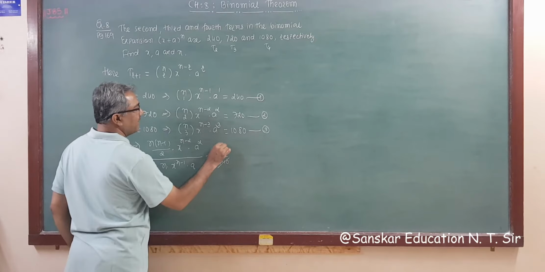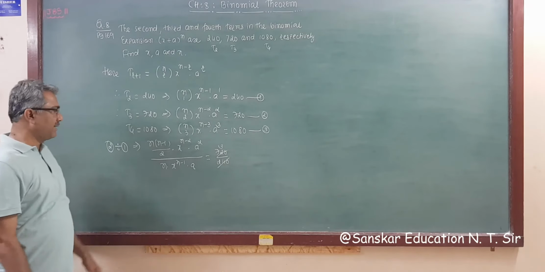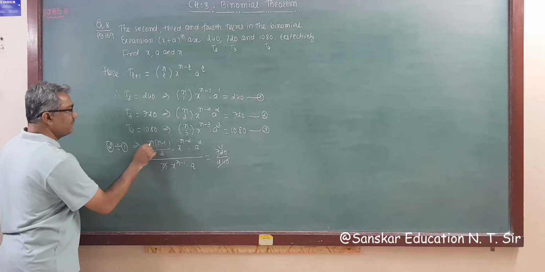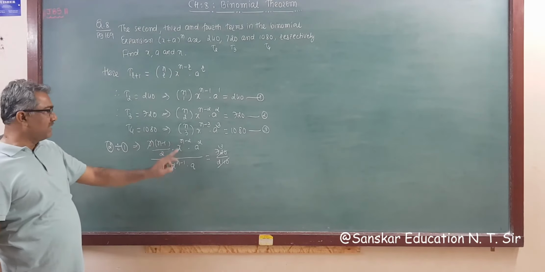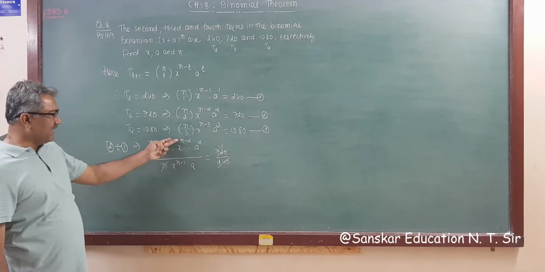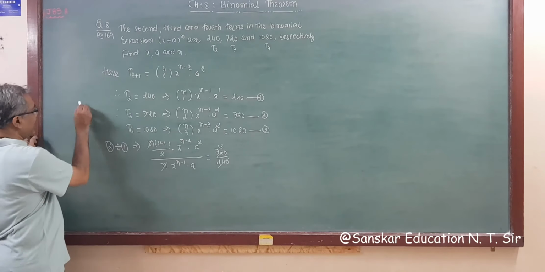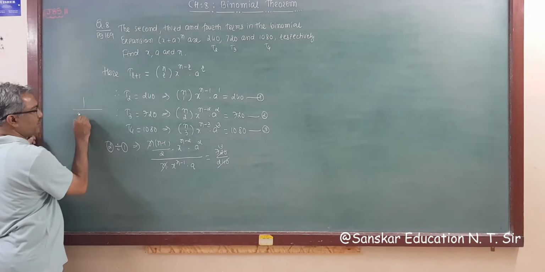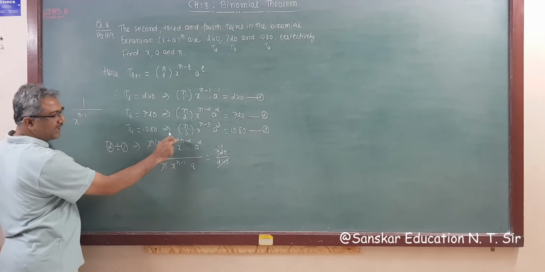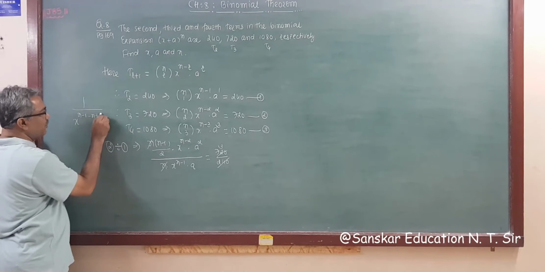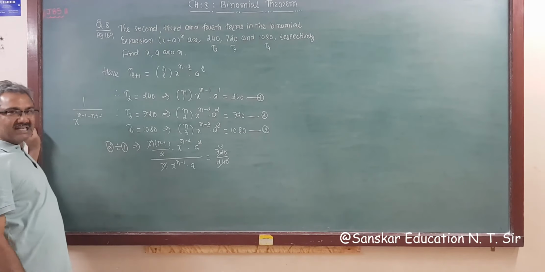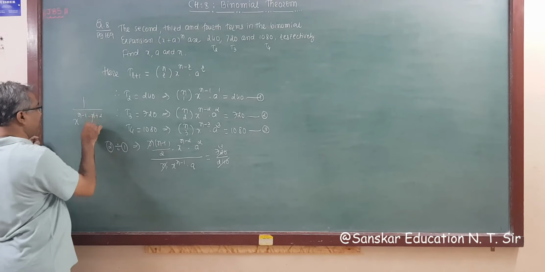This is 3, right? Now this n will be cut. Taking the power to the denominator, plus becomes minus and minus becomes plus, so minus n plus 2.